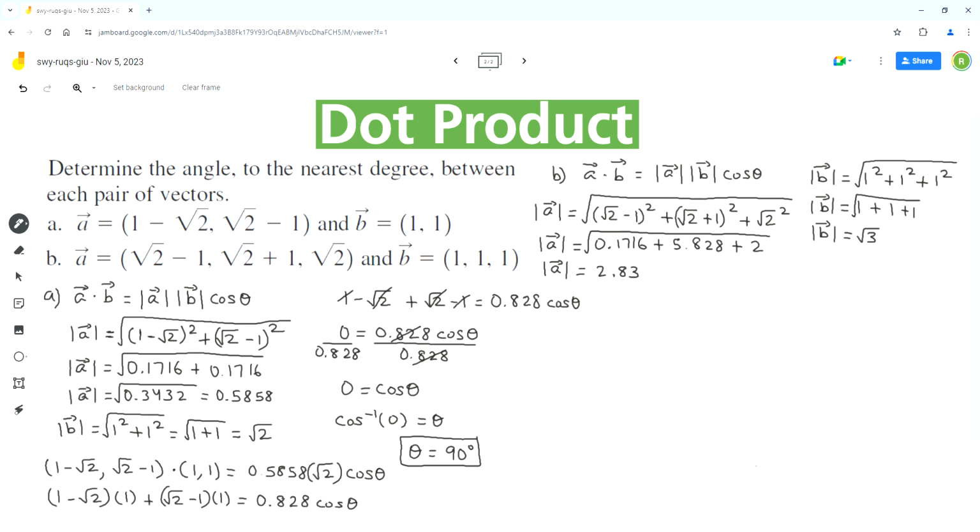Now we can sub in the given vectors and these magnitudes in the dot product equation. Now we can do the dot product on the left side, so we'll multiply the x components, the y components and z components.